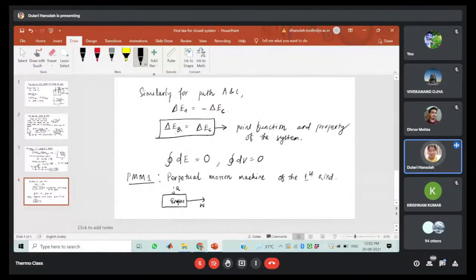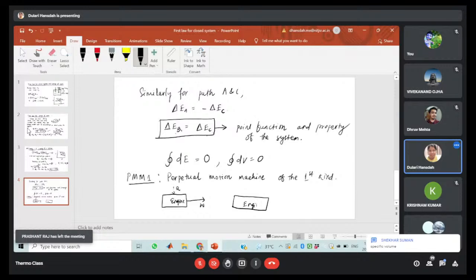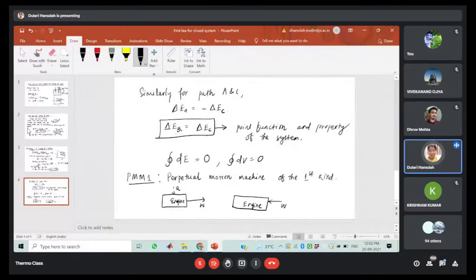So the converse is also true. Converse is also true means, suppose it is an engine, and it is continuously consuming work input, or continuously consuming the work, without any appearance of energy in any other form.